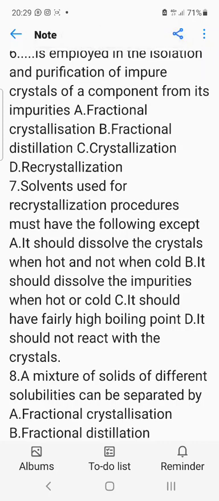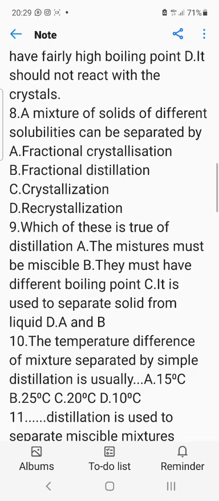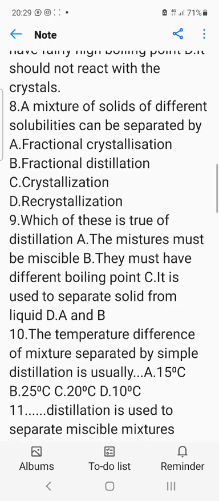The answer is it should have fairly high boiling point, which is wrong. It ought to have been it should have fairly low boiling point. So the answer is C. Number 8, a mixture of solids of different solubilities can be separated by dash.